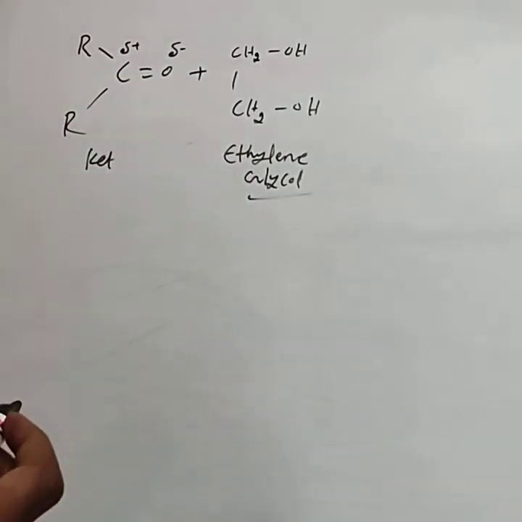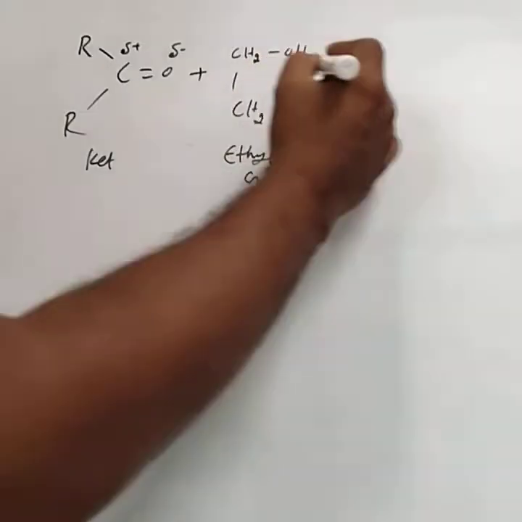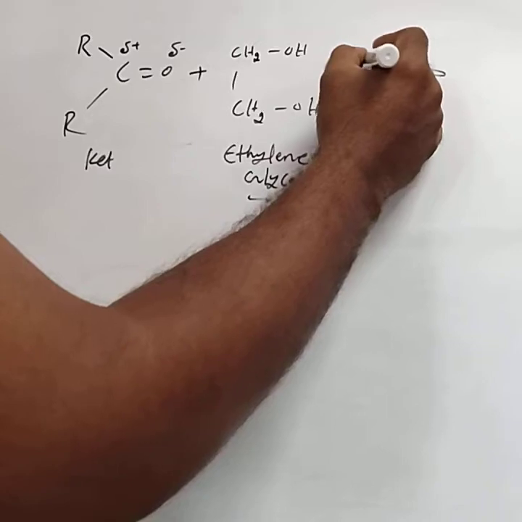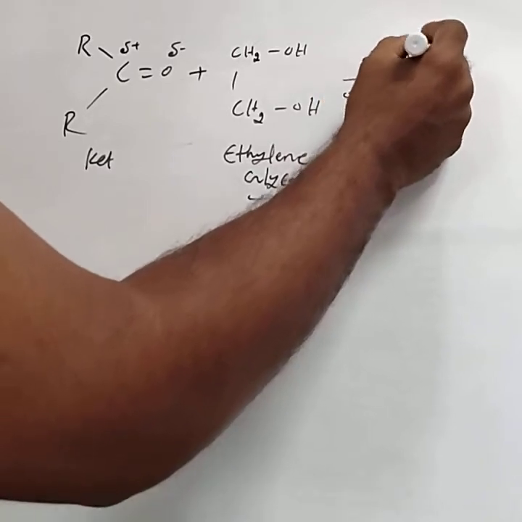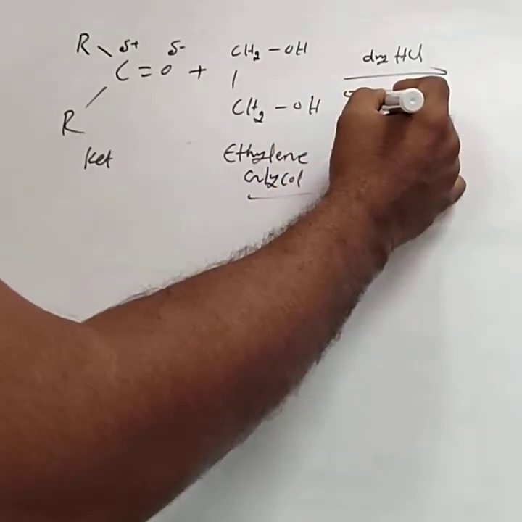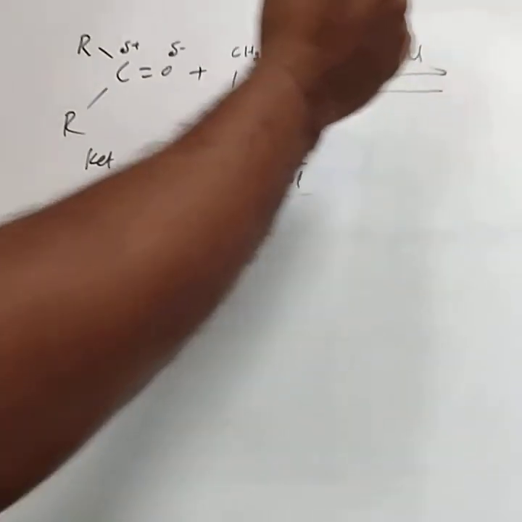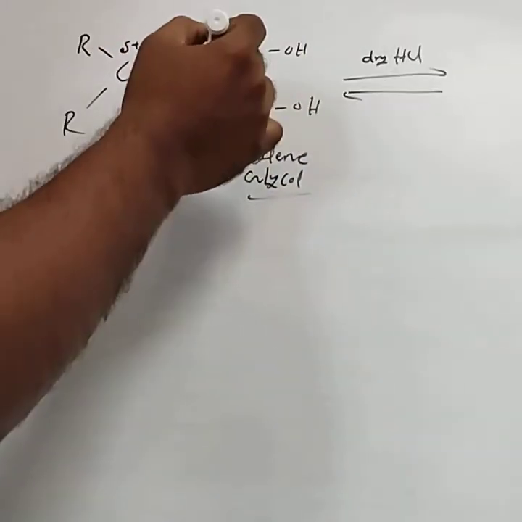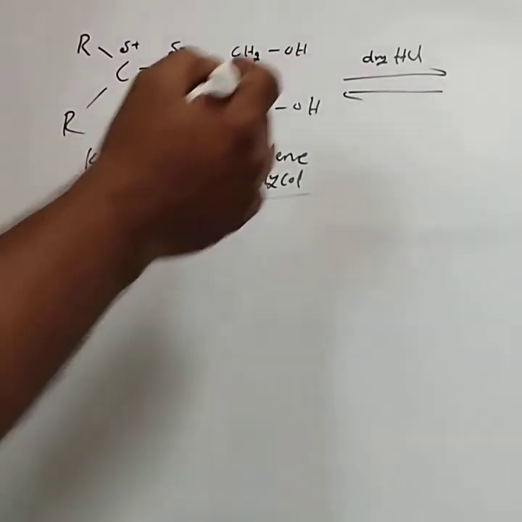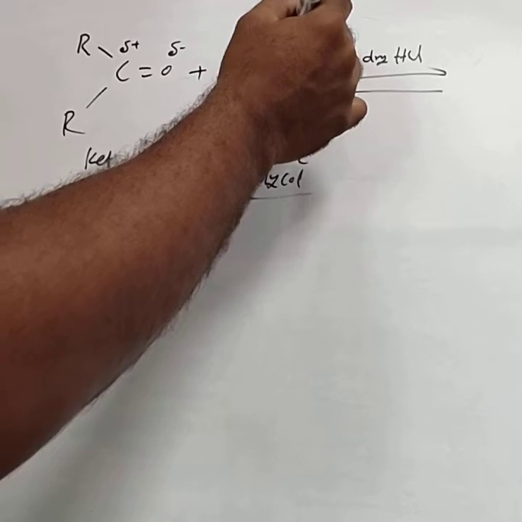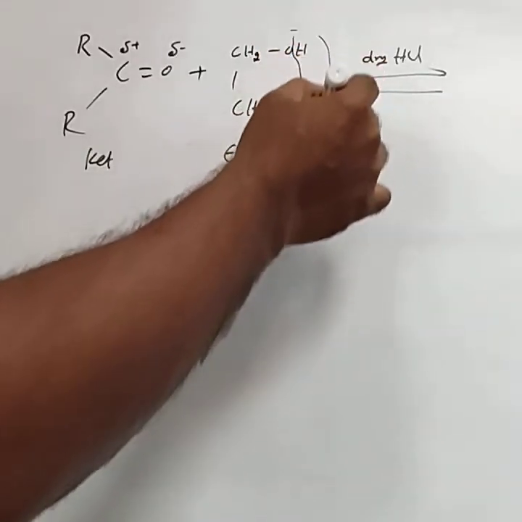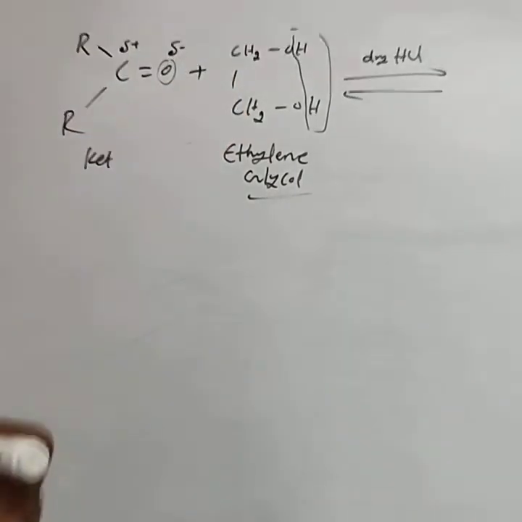Ketones react with a dihydric alcohol called ethylene glycol in the presence of dry HCl. Here H2O removal takes place, from these two H and the carbonyl oxygen.